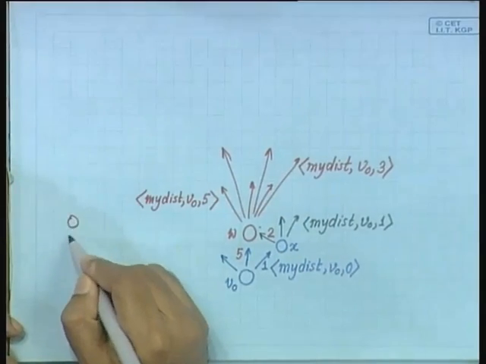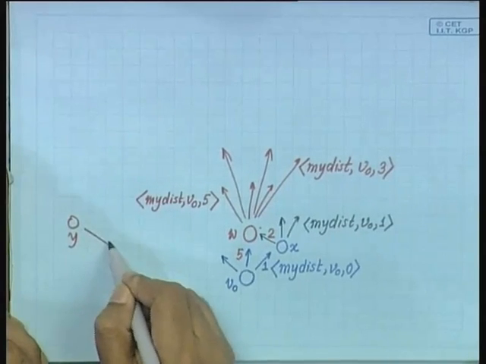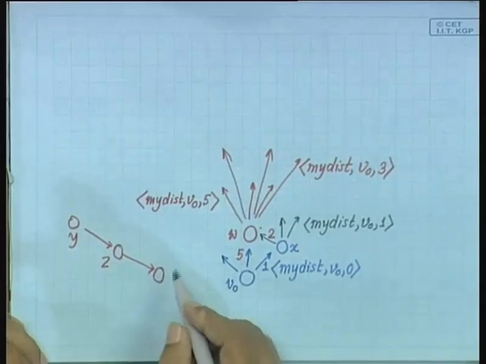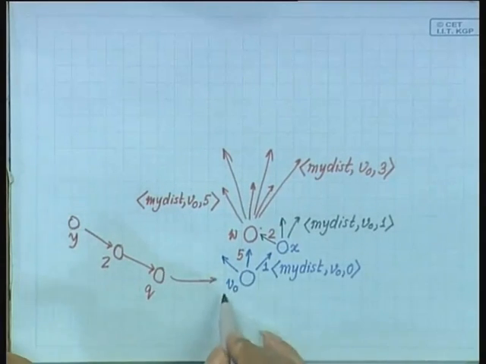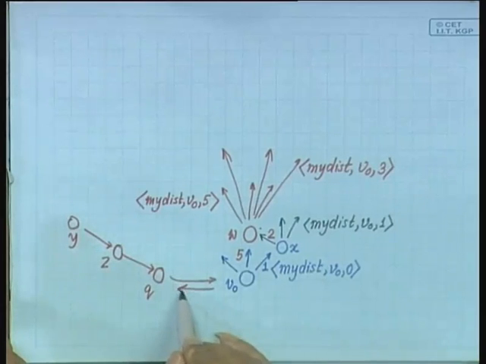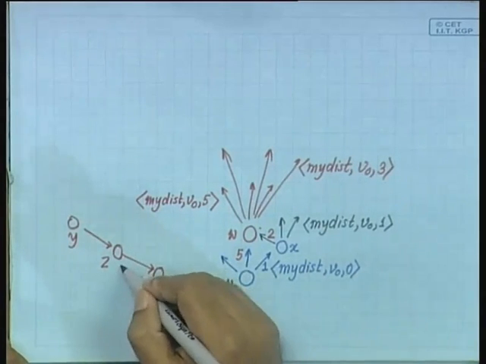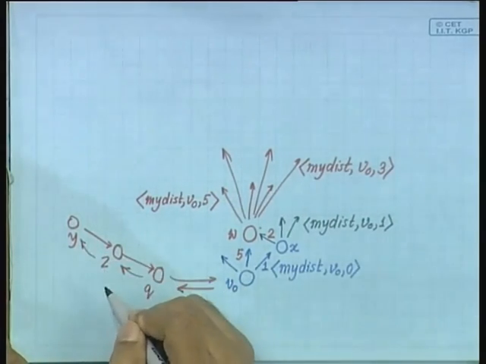Suppose there is a y which is not a neighbor of V0, but it is a neighbor of some z, z is a neighbor of some q, and q is a neighbor of V0. If that happens, then my dist V0 is going to come here, then q will compute its distance to V0 and send that to z, z will compute its distance to V0 and then send that to y, and so on.